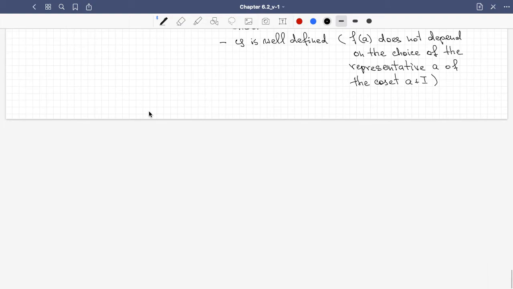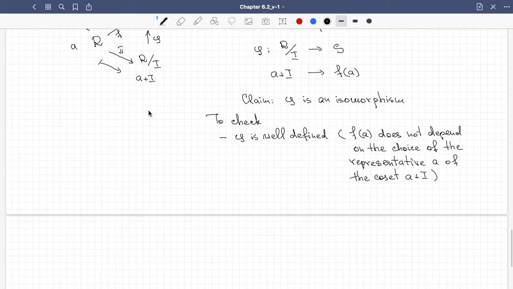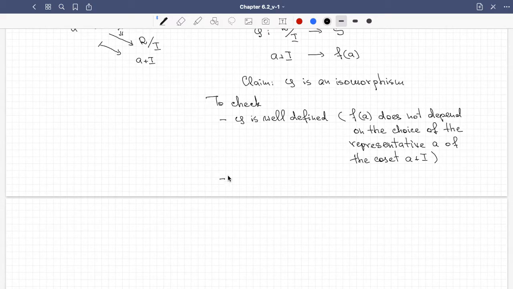That is not the end of the story, of course. After that, we have to check that phi is bijective. That is, surjective, which is very easy.